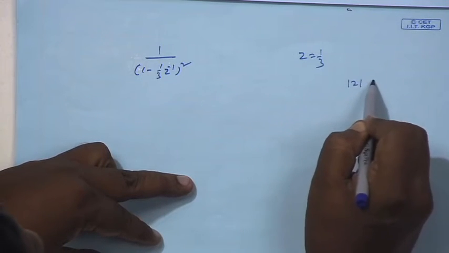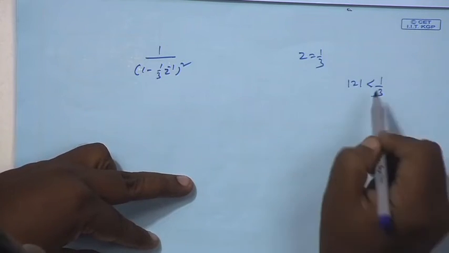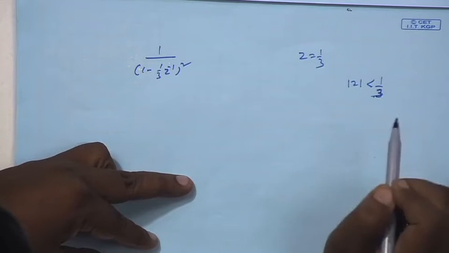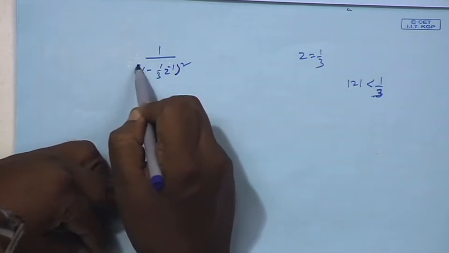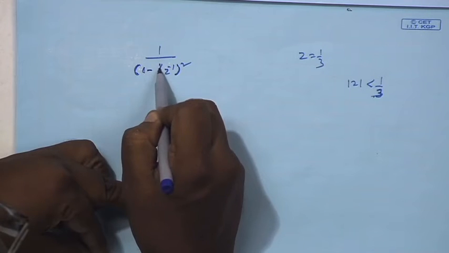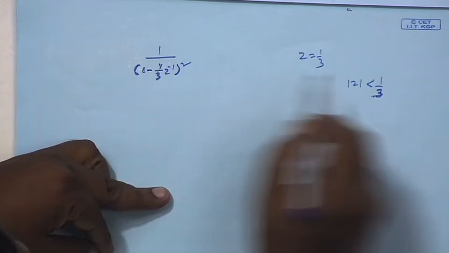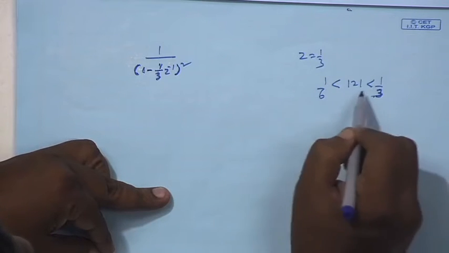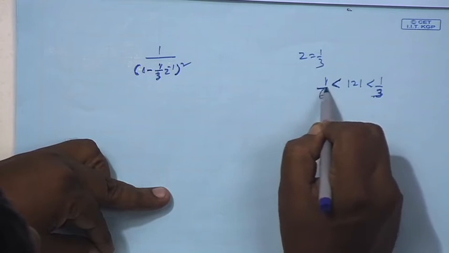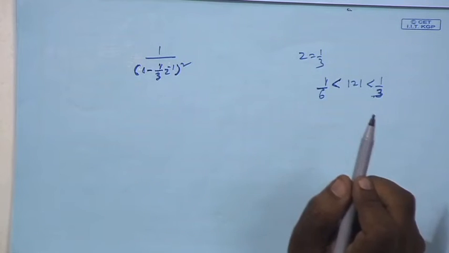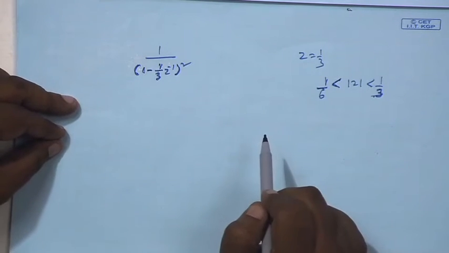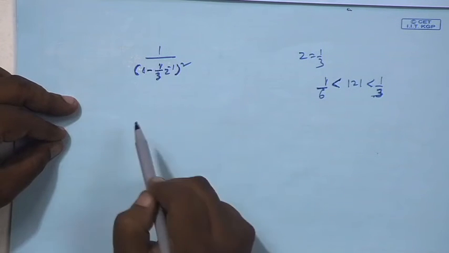We are given mod Z less than 1 by 3 greater than 1 by 6. So, you have to take mod Z less than 1 by 3 for the ROC.